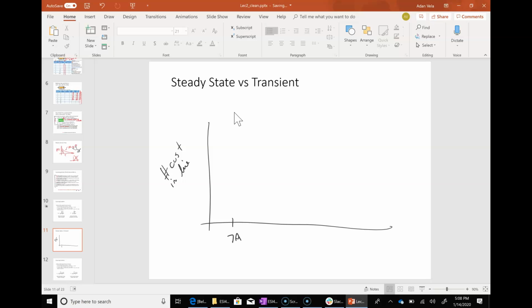Okay. And right here it's 7 a.m. when I open. Let's say entering system. So before 7 a.m., nobody enters into my system, and the number of customers is 0. Right when I open at 7 a.m., maybe there's a customer there, maybe there isn't. But what happens is customers start to fill in, and they enter and leave. And so this part where my system starts getting filled up with customers is referred to as transient.